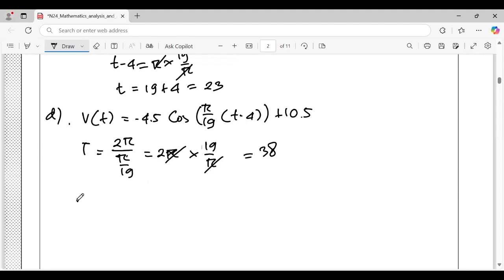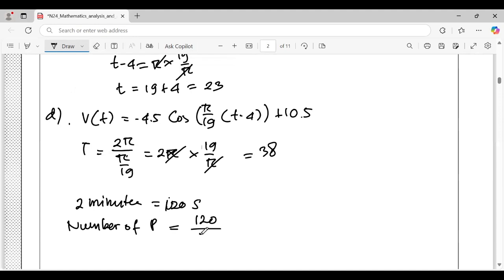In 2 minutes, that is 120 seconds. So we can calculate the number of periods. The number of periods is equal to 120 over the period 38, which is 3.16.